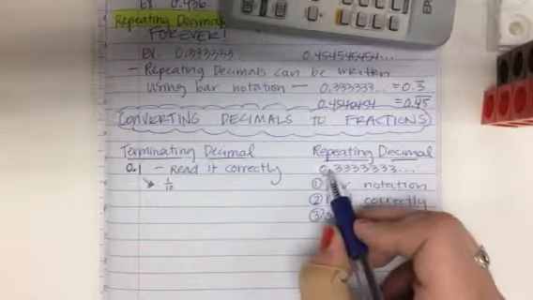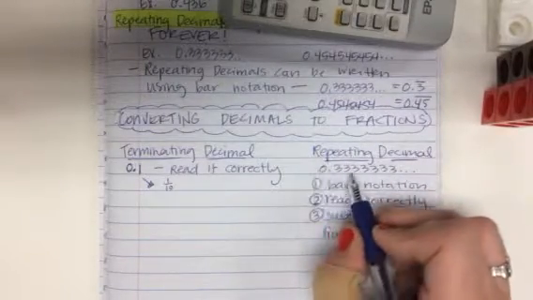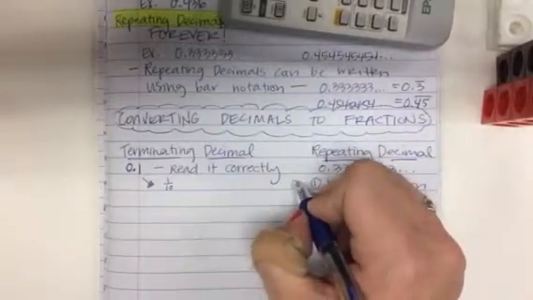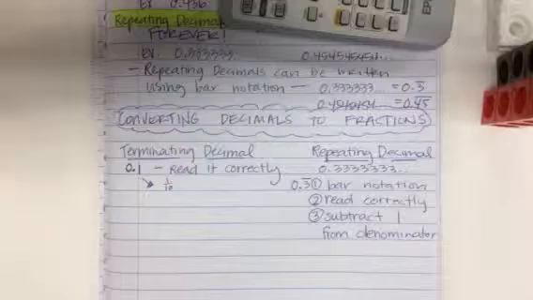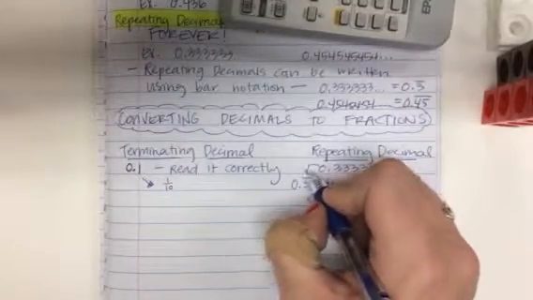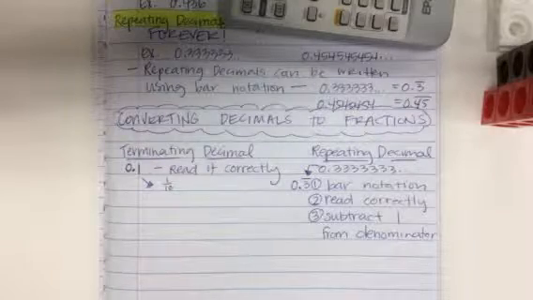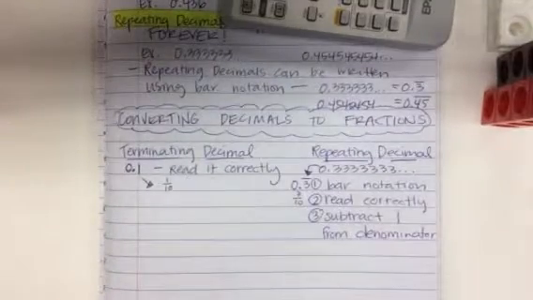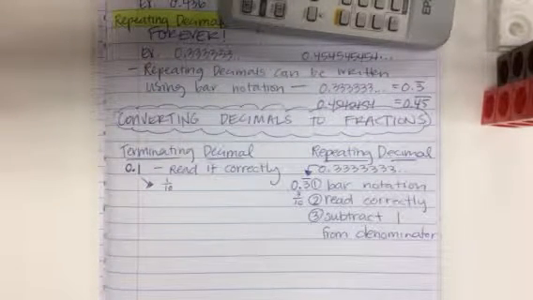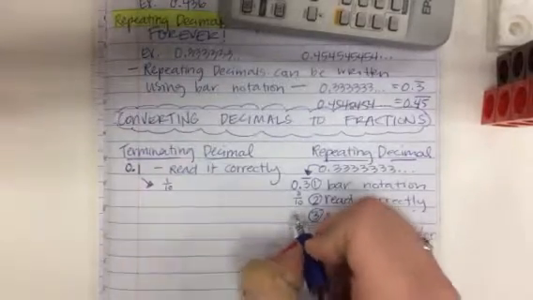So let's try it. This decimal, written in bar notation, would become 0.3 repeating, correct? If I read it correctly, it's 3/10. But my last rule, since it's repeating, is I have to subtract 1 from the denominator.